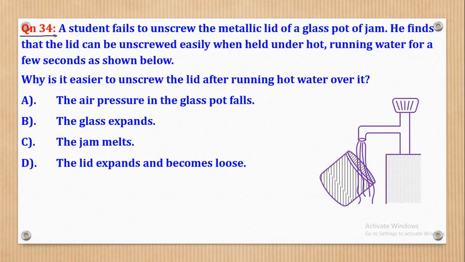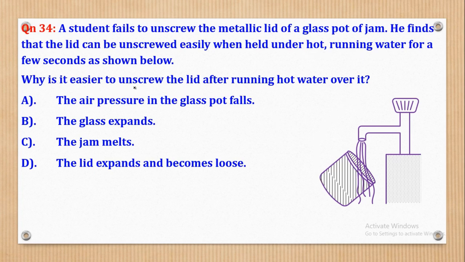So that was question 33. Now we shall go to question 34, which says, a student fails to unscrew the metallic lid of a glass pot of jam. He finds that the lid can be unscrewed easily when held under hot running water for a few seconds, as shown below.